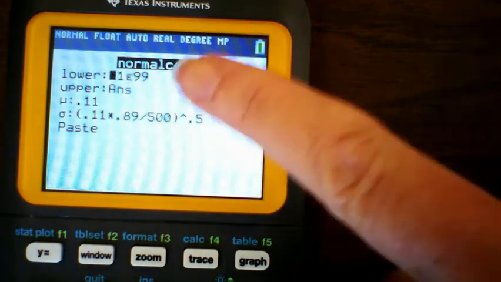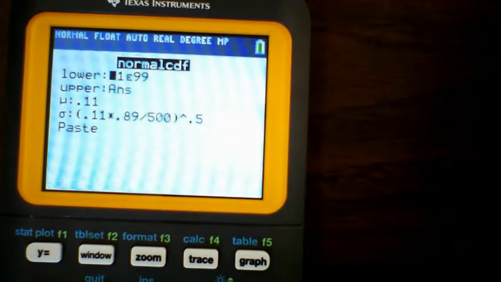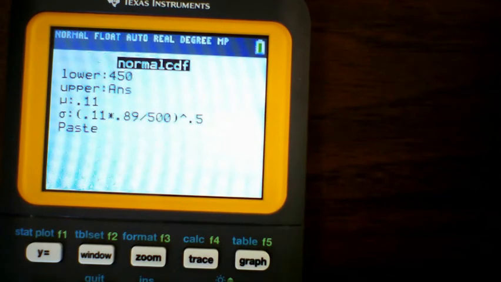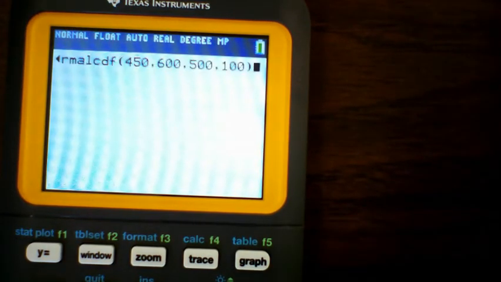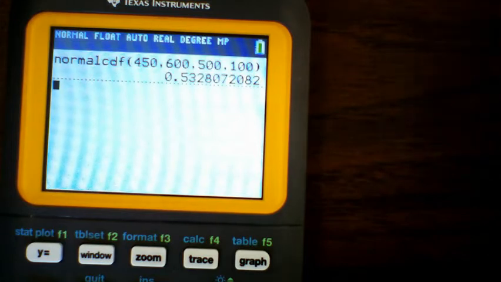Okay, lower, it says something really, really low, but I don't really want that. I want 450, 600. Mean is, wait, 500. Anyway, 100. Paste. Okay, so that's the area.